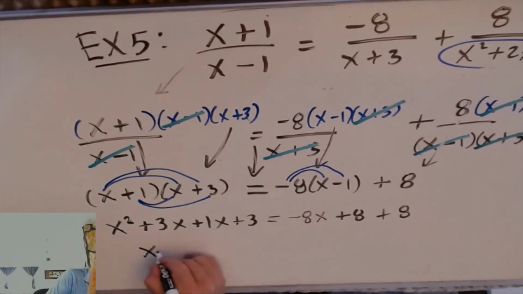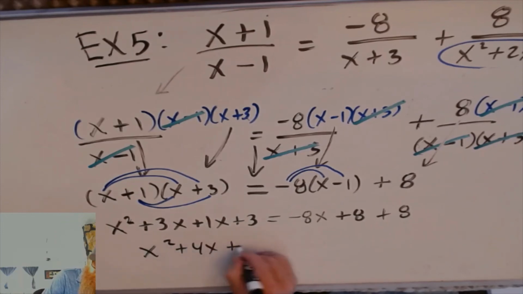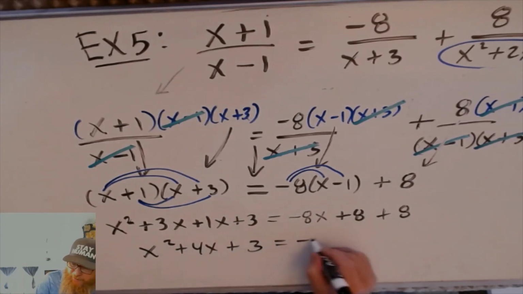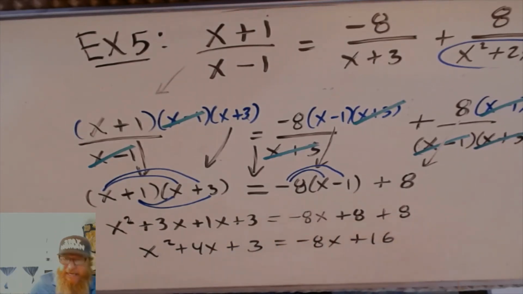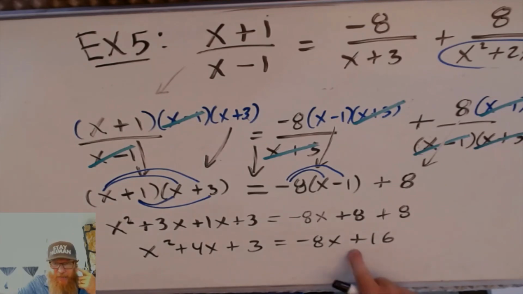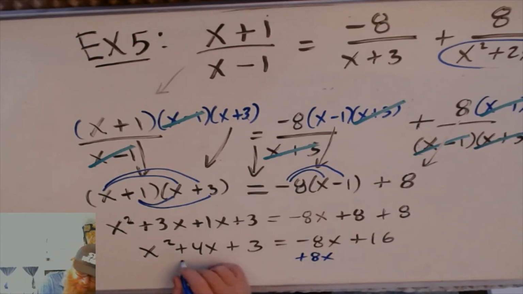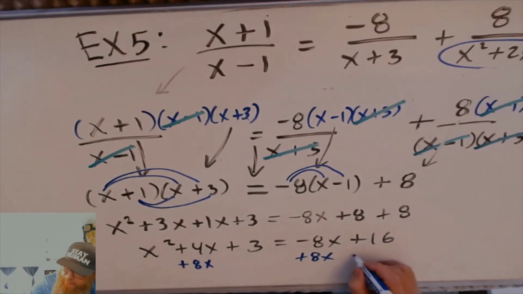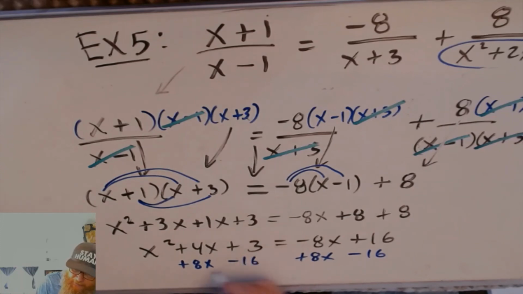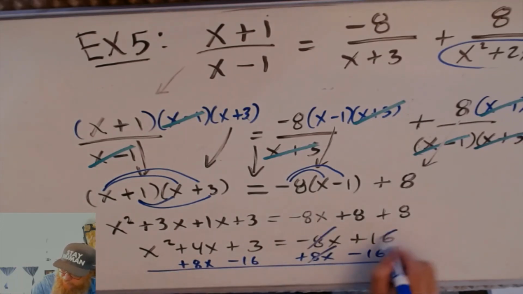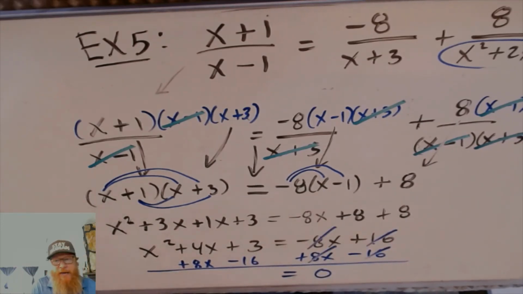So now you have x squared plus 4x plus 3 equals negative 8x plus 16. Set this equal to 0 and factor it. So you're going to go plus 8x, minus 16, minus 16. The right-hand side equals 0.